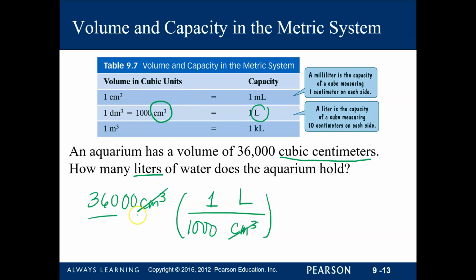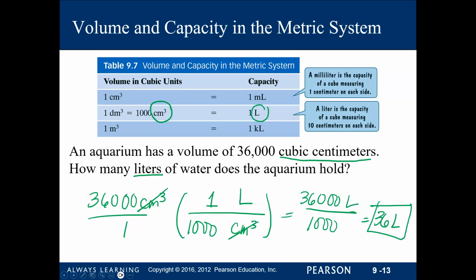We cancel our cubic centimeters. We multiply across. We're going to have 36,000 liters divided by 1,000, and that will give us 36 liters all in all. So that is how we can convert area and volume and capacity. That's everything. Thank you.